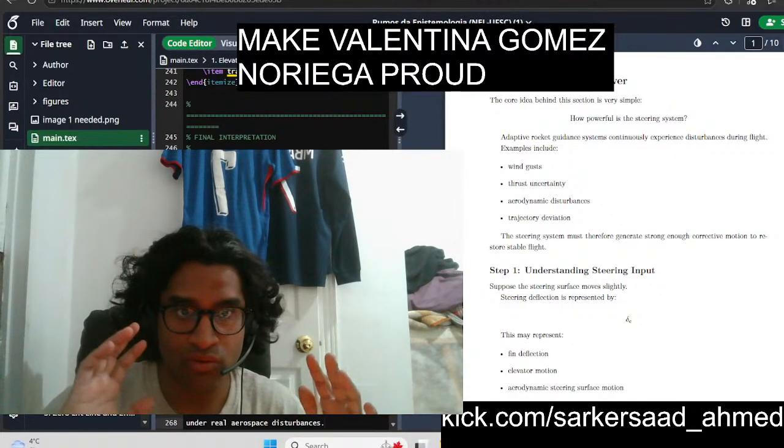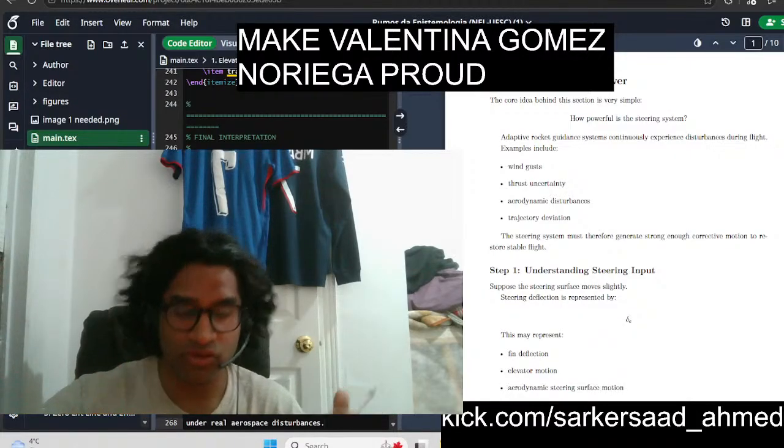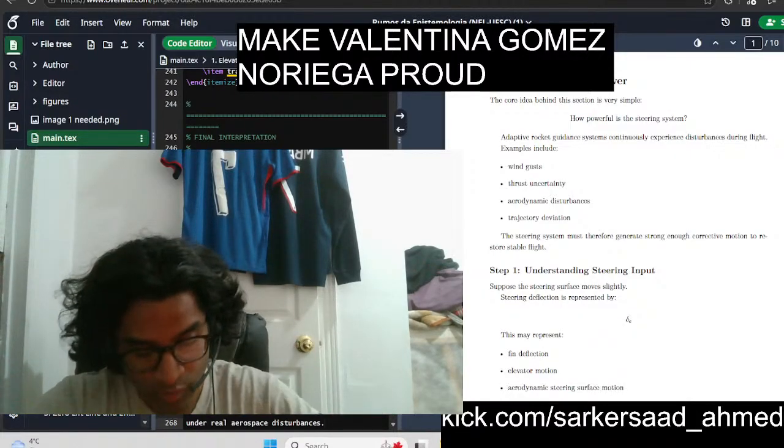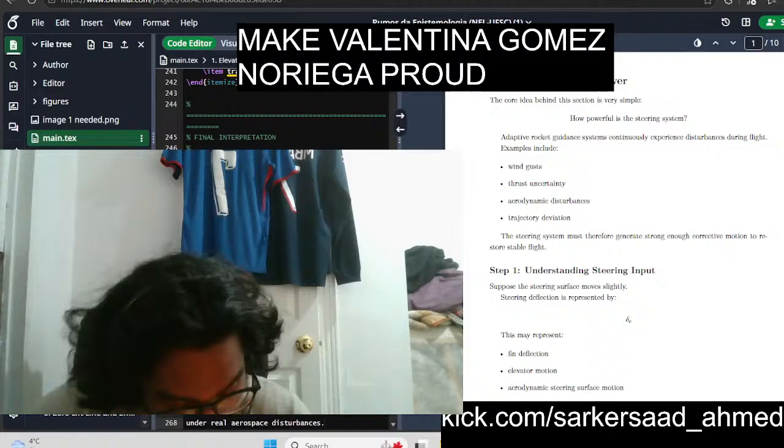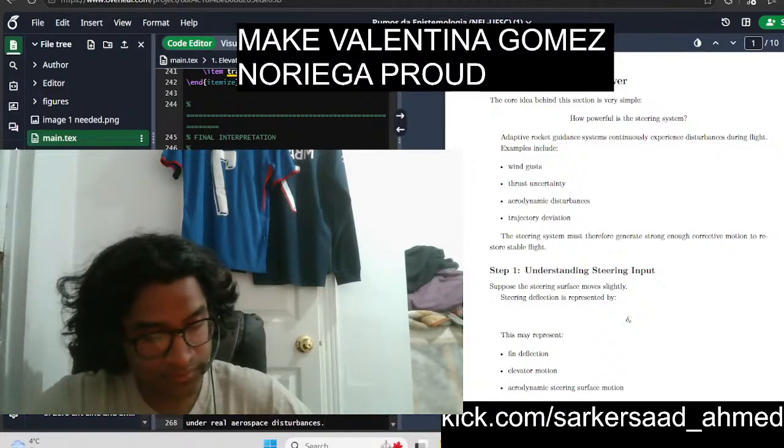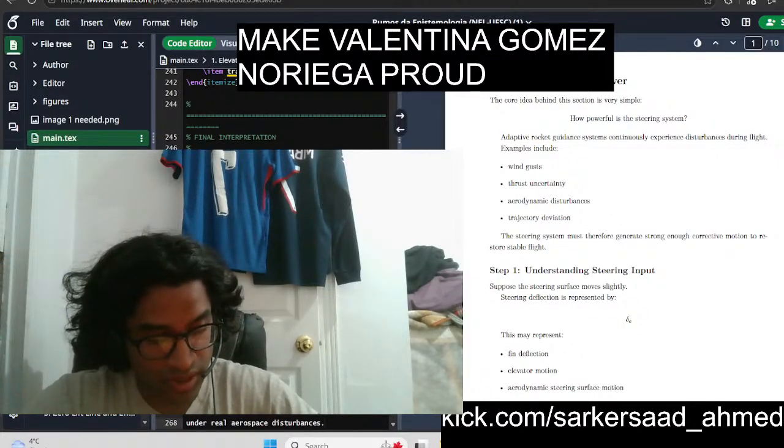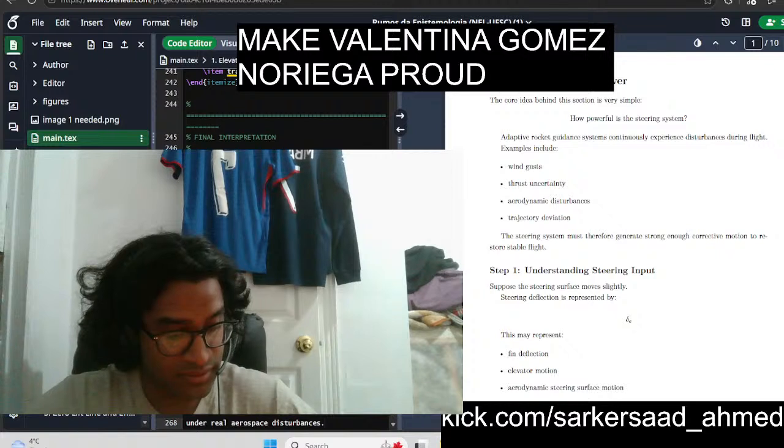So, core idea behind elevator control power. Step 1, core idea behind elevator control power.